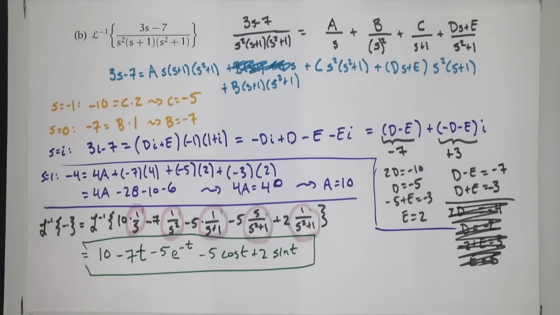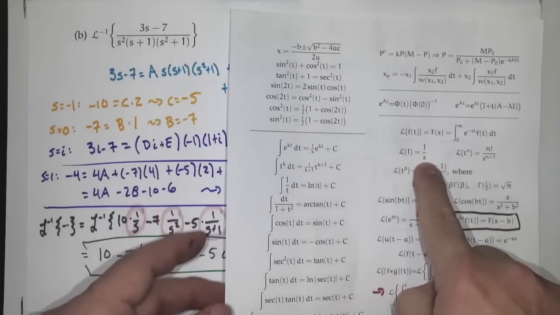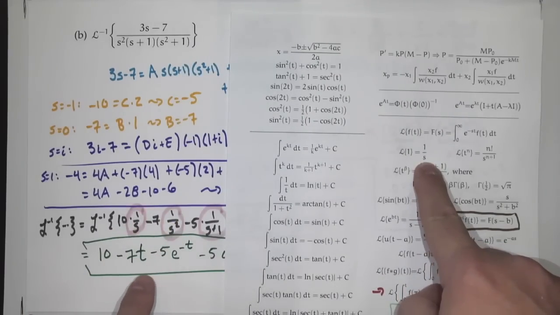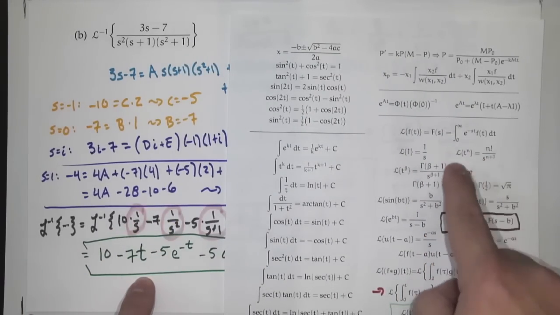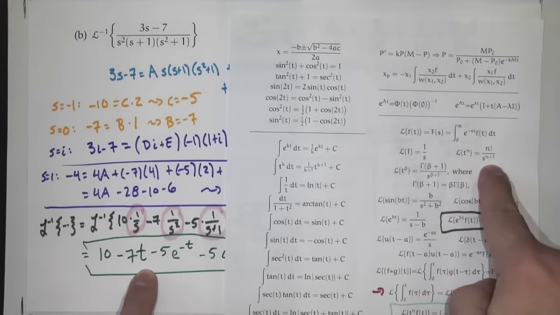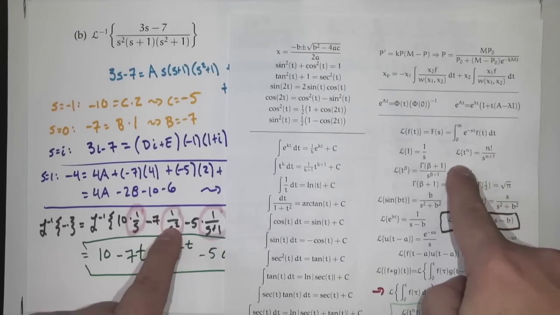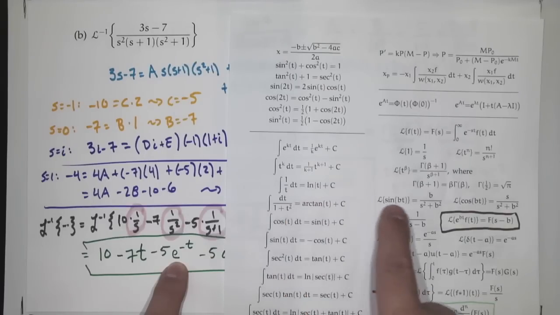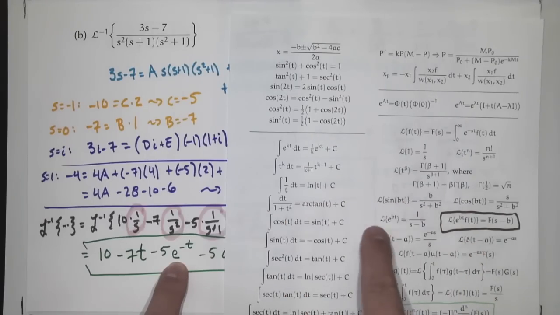So 1 over s is on our chart. So that became a 1. 1 over s squared follows into this category where we set n equals 1. So we see 1 factorial over s squared. So 1 over s squared would be a t. So that's our next piece. The 1 over s plus 1 follows this rule.